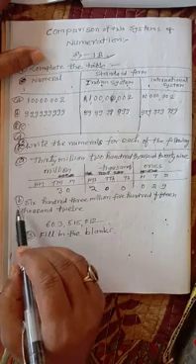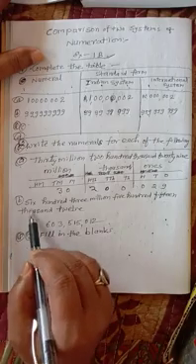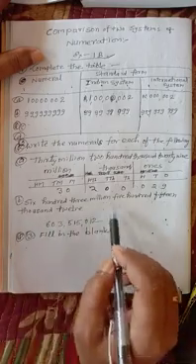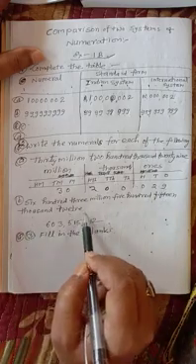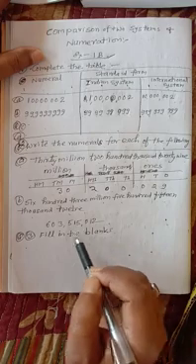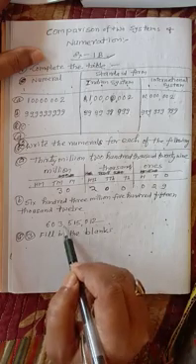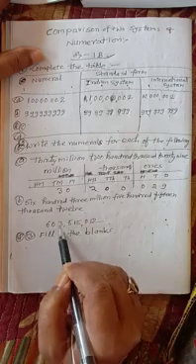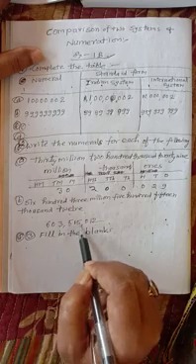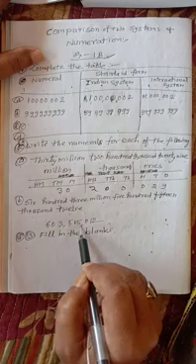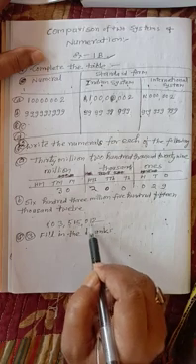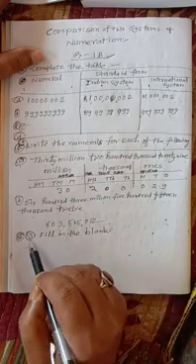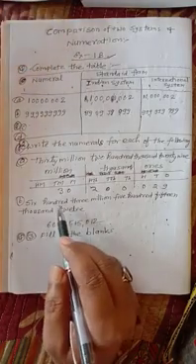Similarly, question number B says 603,515,012. This is the solution: 603,515,012.